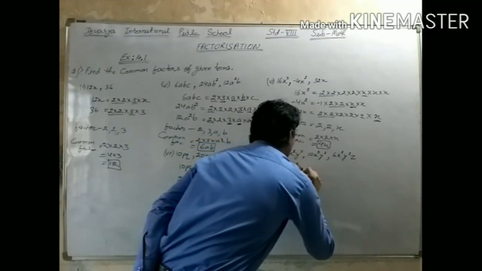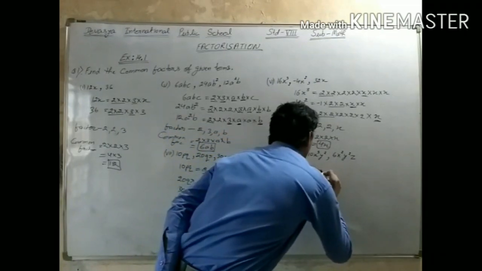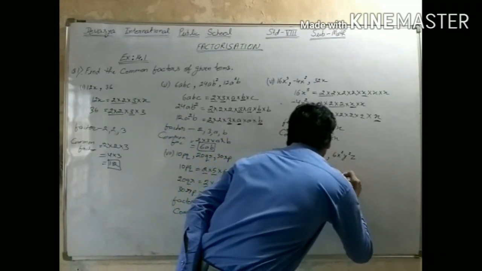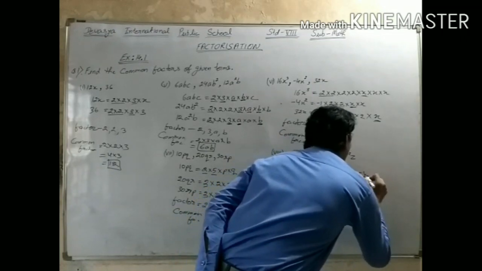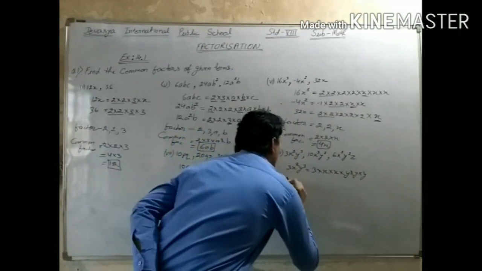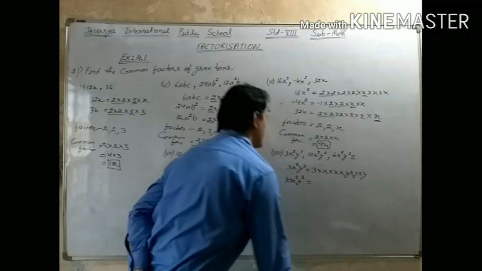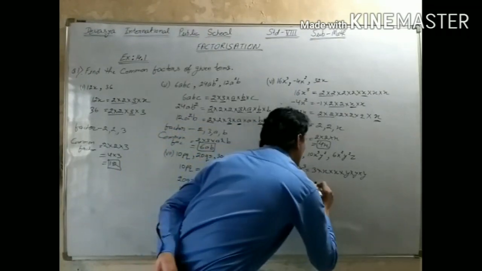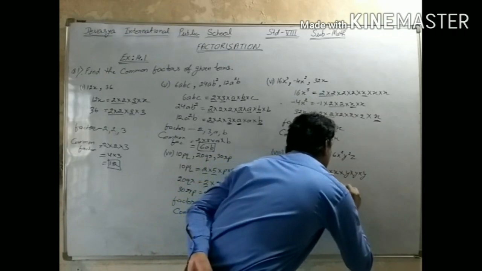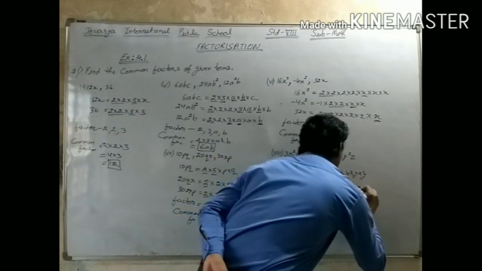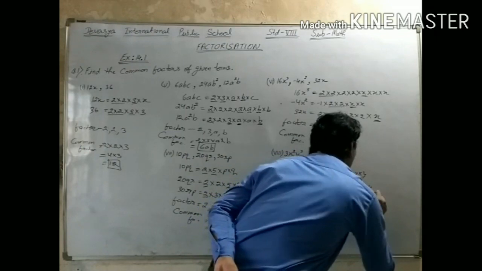3x square y cube. This can be written as 3 into x into x. Y cube can be written as y into y into y. Second term, that is 10x cube y square. This can be written as 10 can be written as 2 into 5. X cube can be written as x into x into x, and y square can be written as y into y.